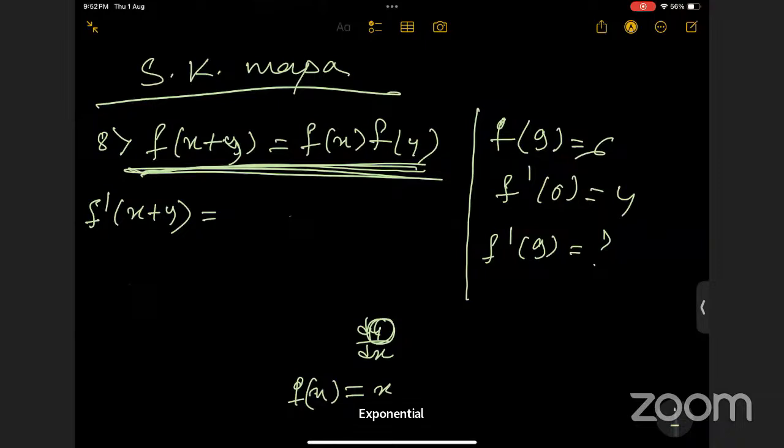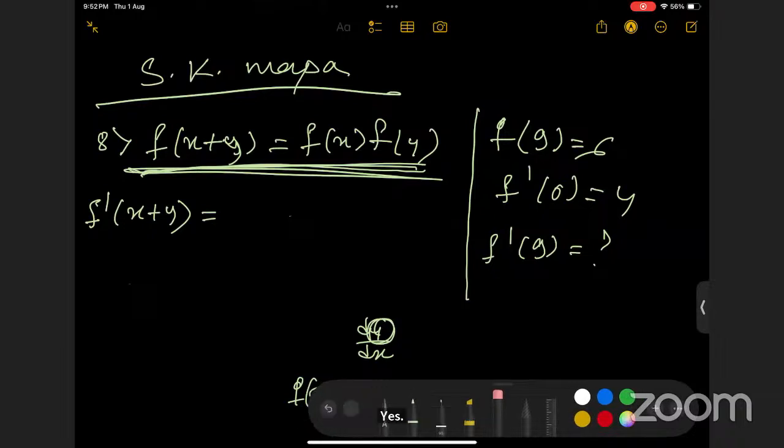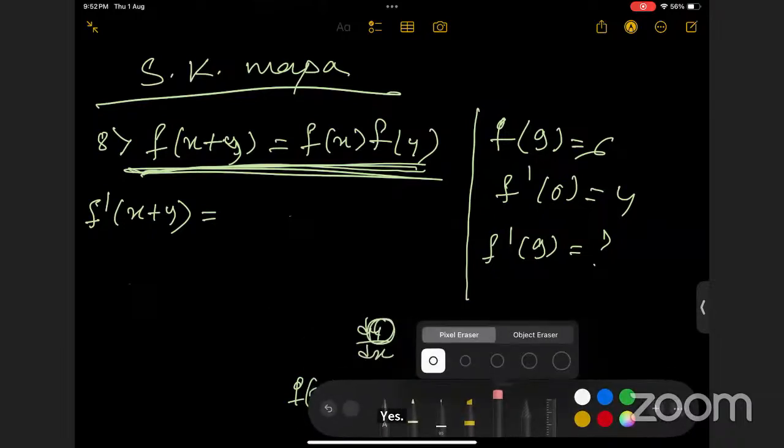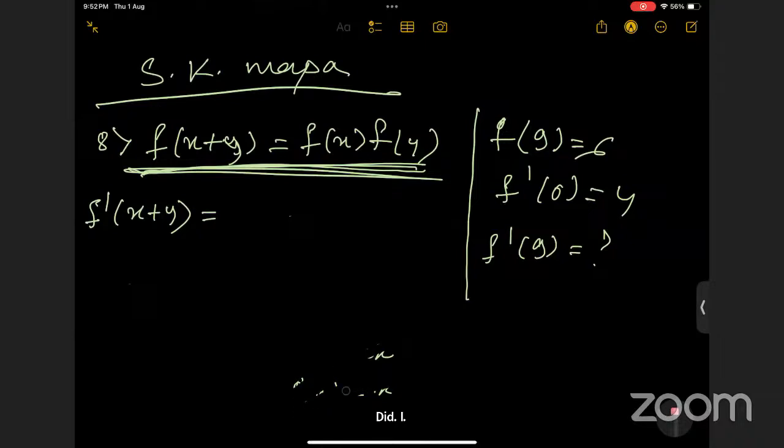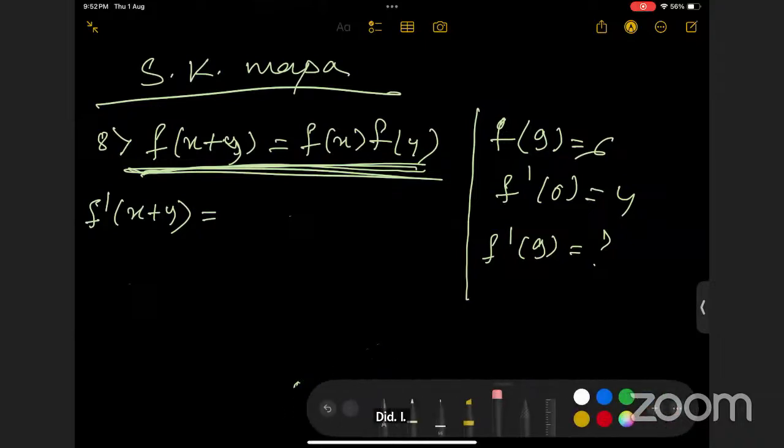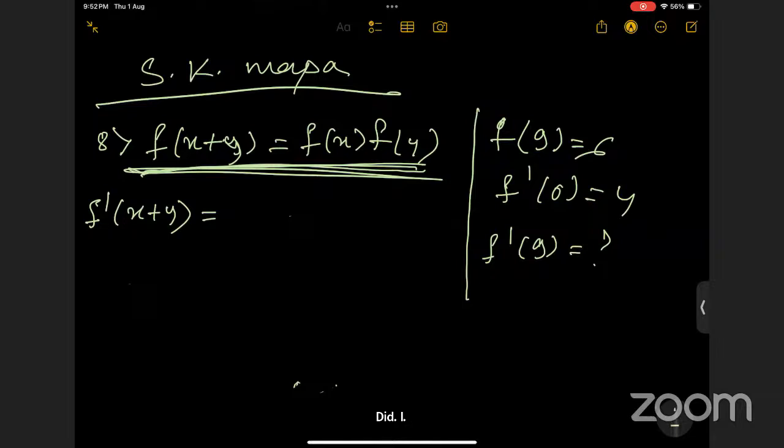But if I use exponential, the initial conditions contradict. You please work it out and then you will see the numbers they are given, f dash 0 and then f of 1. It contradicts.